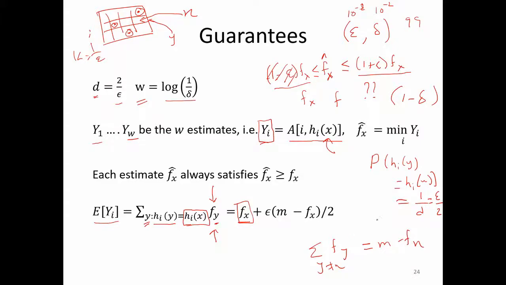And an epsilon by 2 fraction of these is going to be counted on average, because the probability that y is mapped to hi of x is epsilon by 2. So this extra count is epsilon by 2 times m minus f of x. You have f of x all the time, and then with probability epsilon by 2, m minus f of x. So this is your expected value of yi.